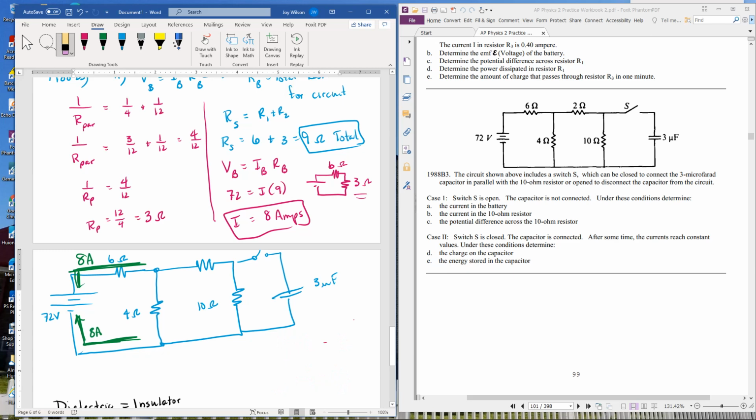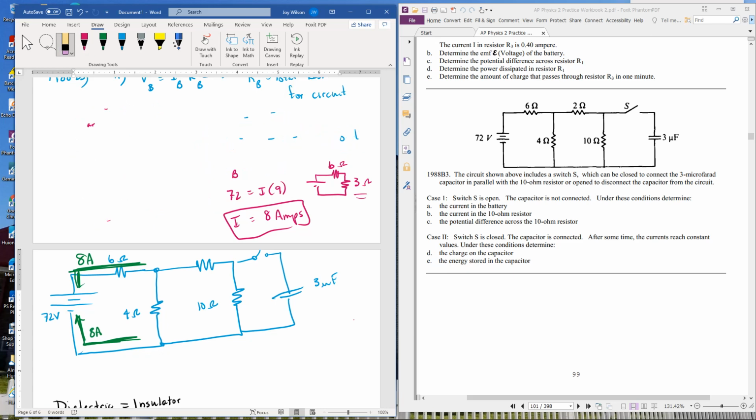Alright. Now, last but not least, the potential difference across the last one, I'm going to erase again up here. I think we got this. I'm going to kind of give myself space to work. Okay, so here's my space to work. So now I know that this part has 6 amps.